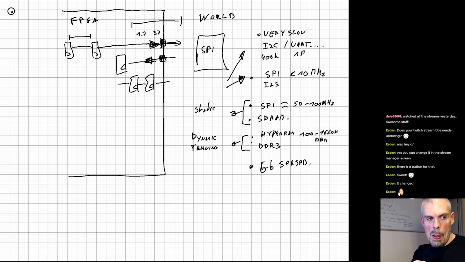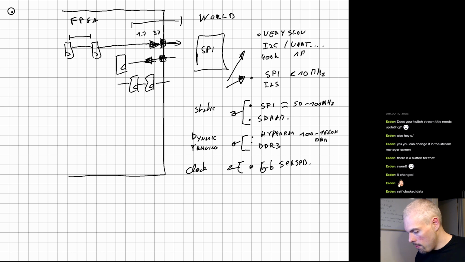It's self-encoded data with like 8-bit to 10-bit encoding, and you have clock recovery. That's a completely different way of transferring information, and we will definitely not talk about that here because you pretty much can't do that on iCE40, right? Yeah, self-clocked data, exactly.